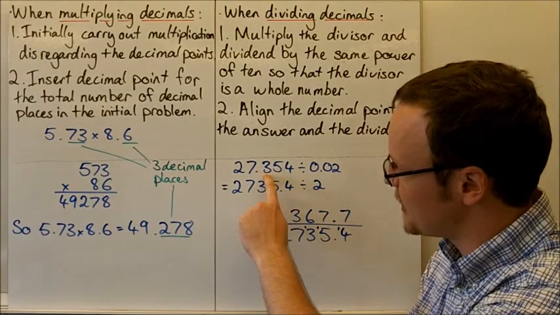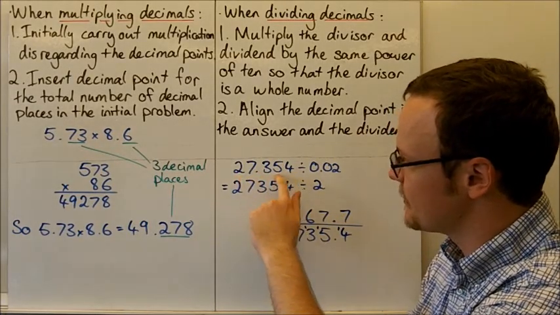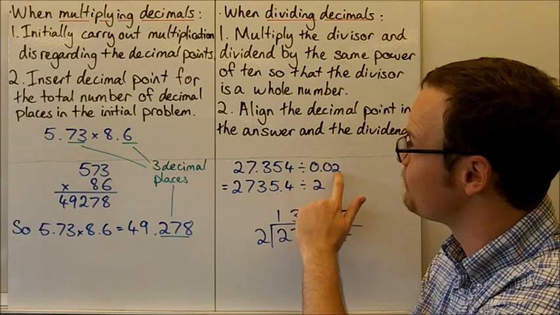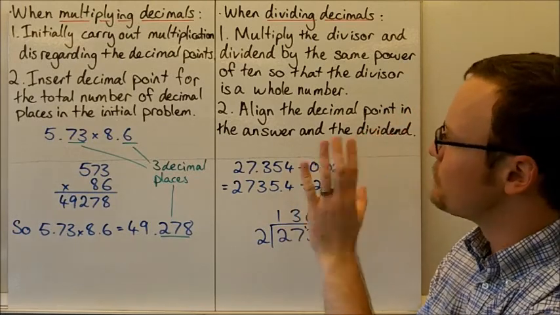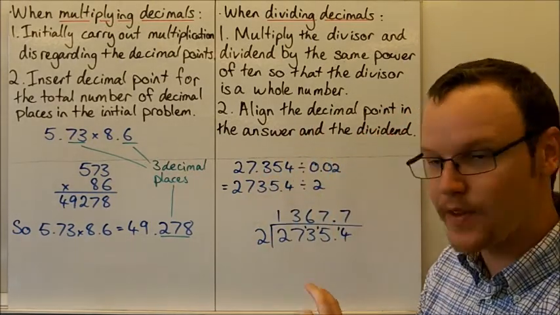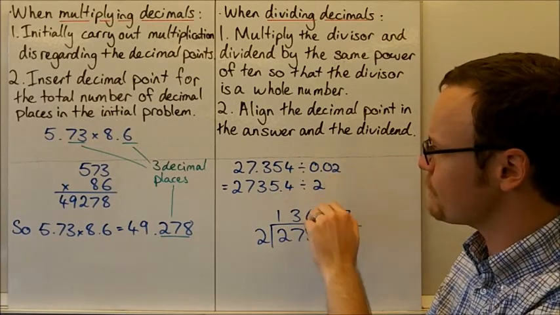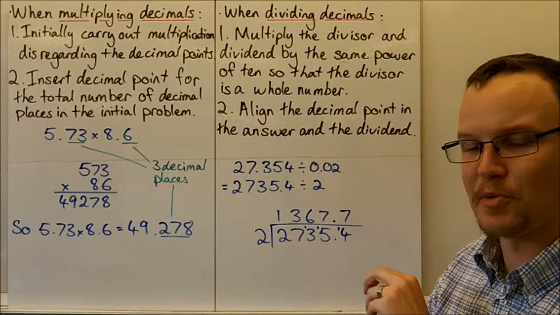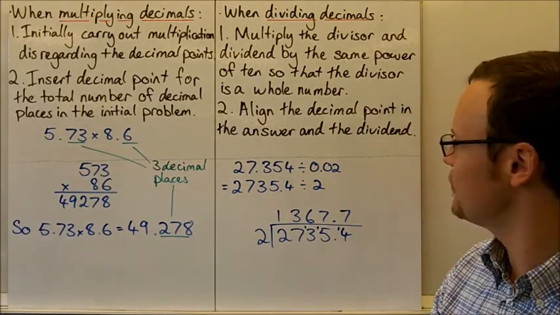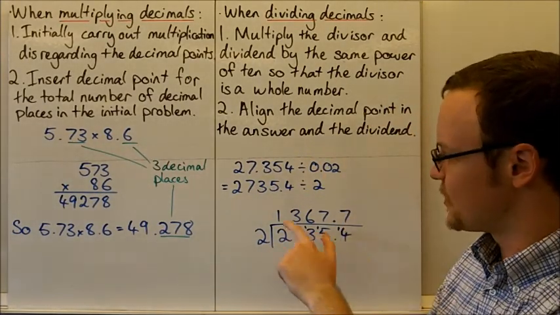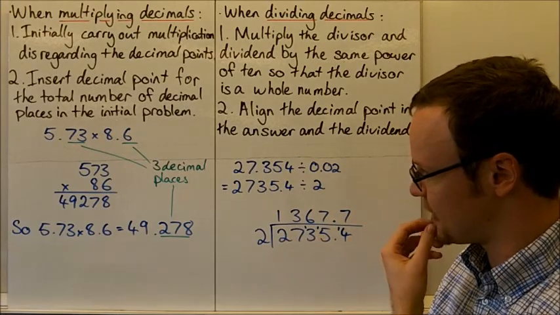So for this problem here, this is the dividend, and this is the divisor. So we need to multiply them both by the same number so that this is a whole number. Then all we need to do is align the decimal point in our normal short division, in the answer at the top and the dividend down the bottom.